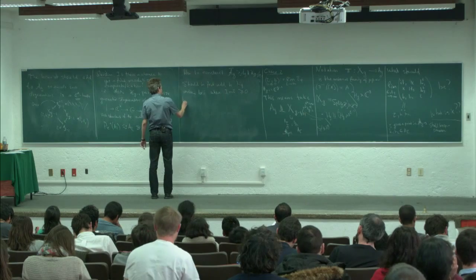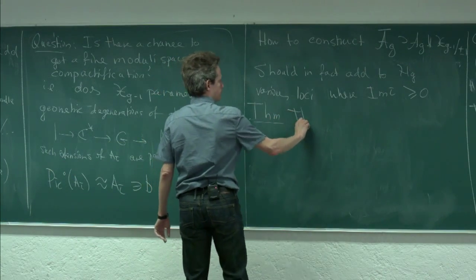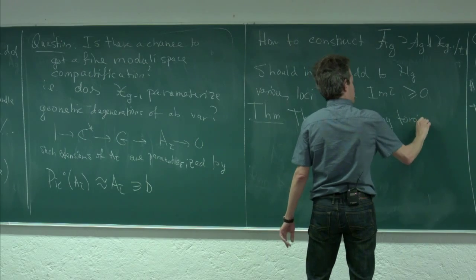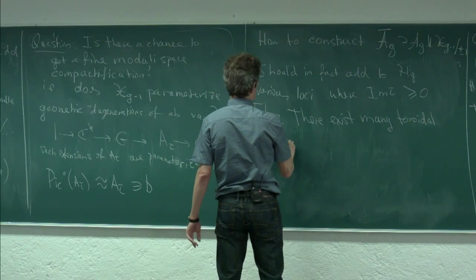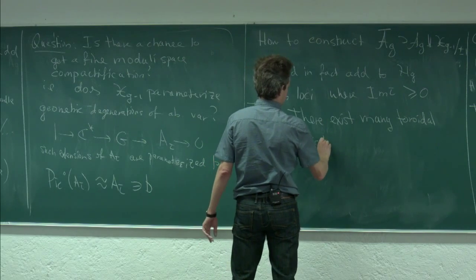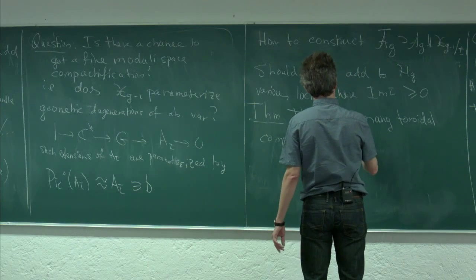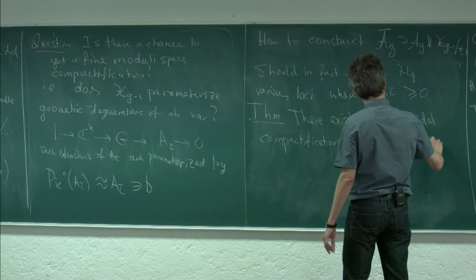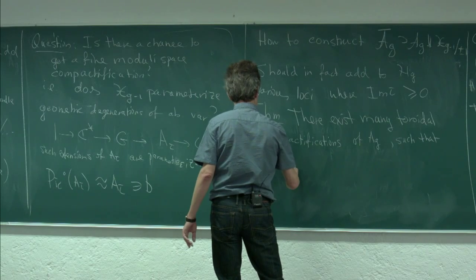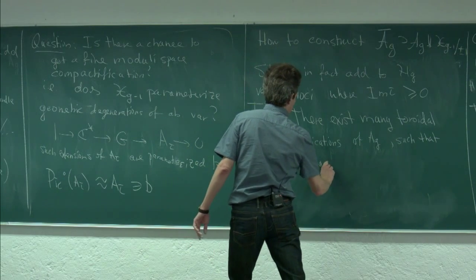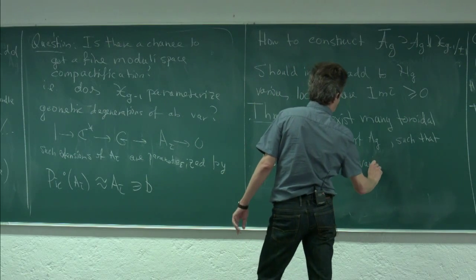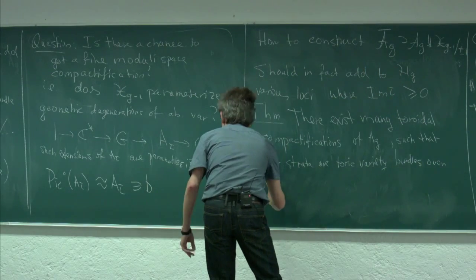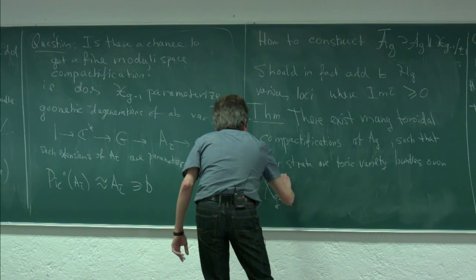So, theorem. There exist many toroidal compactifications of A_G such that their strata are toric variety bundles over fiber-wise products of the kind we had.